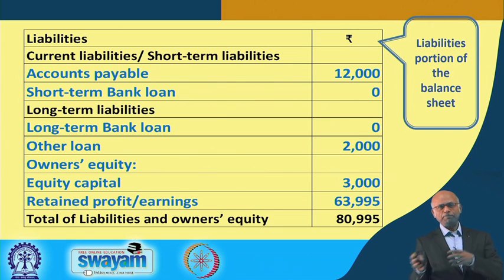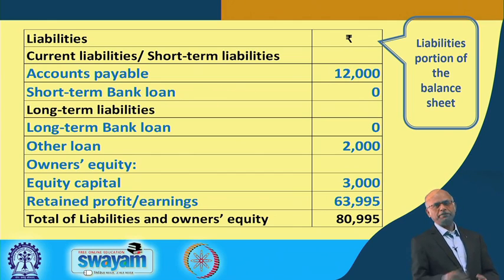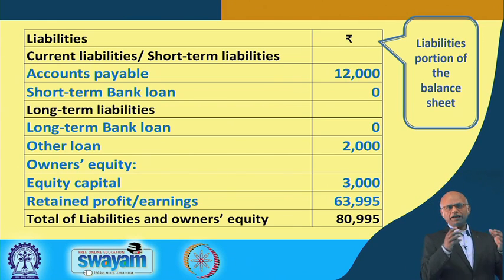Suppose next year you make another, say 1 lakh rupees of retained profit, meaning after payment of dividend you have 1 lakh rupees. This 1 lakh rupees will be added to this 63,995 rupees, meaning every year this balance is carried forward.